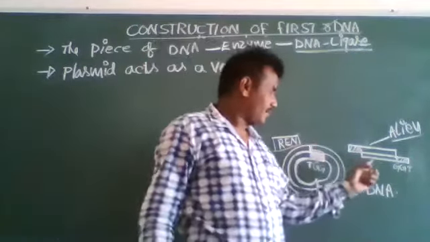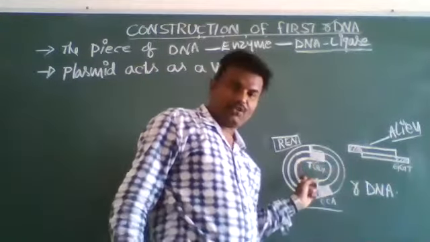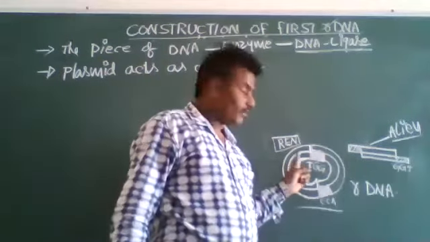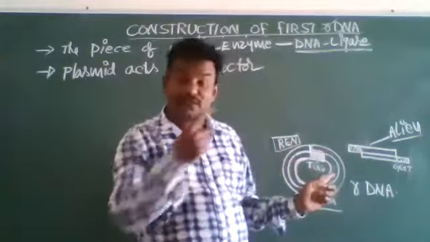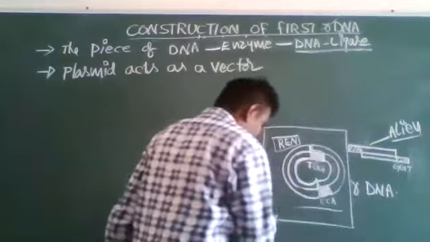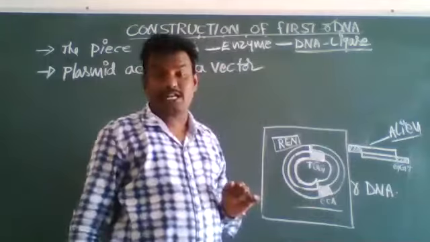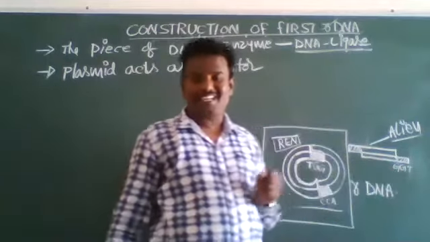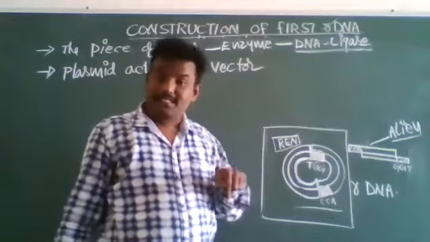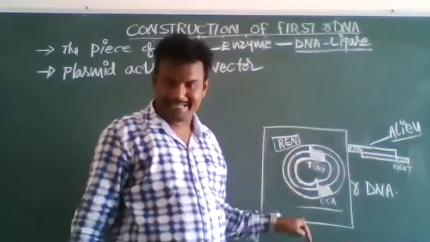If you want to transfer this, the entire recombinant DNA will be transferred into another organism, the E. coli bacteria, to multiply this DNA. So that in the E. coli bacteria, foreign DNA is multiplied.